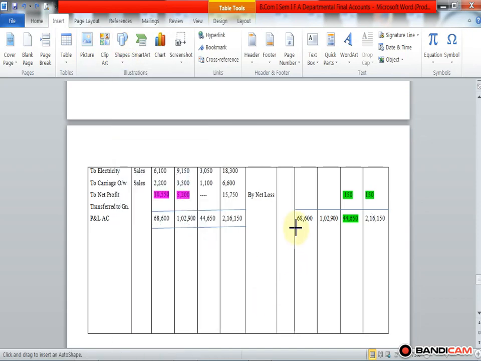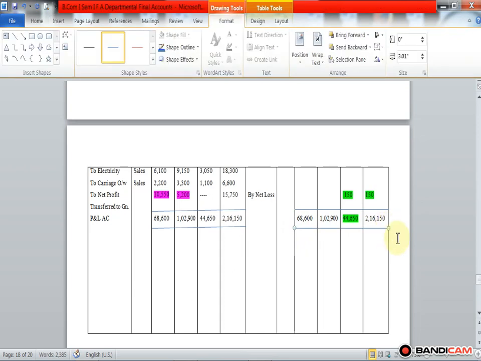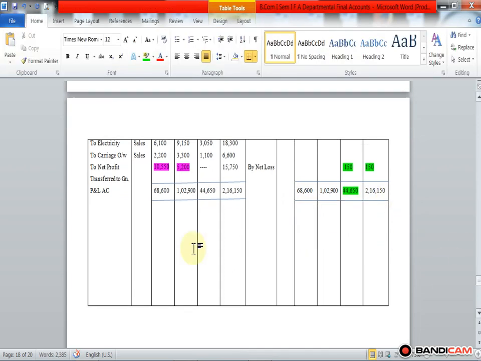So verify whether the profit is correct or not.